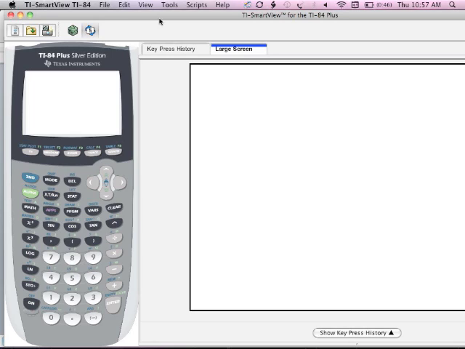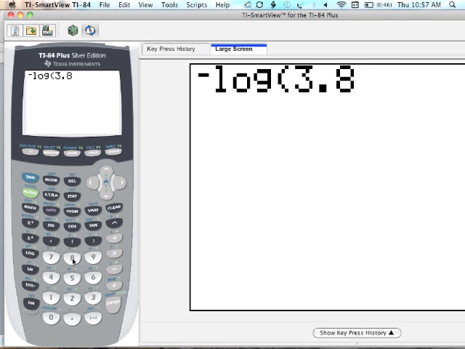When we're putting in the calculation, we hit the negative button on our calculator, then the log button. Negative log, and we're going to put in the numbers 3.8, but we're not going to hit times 10.